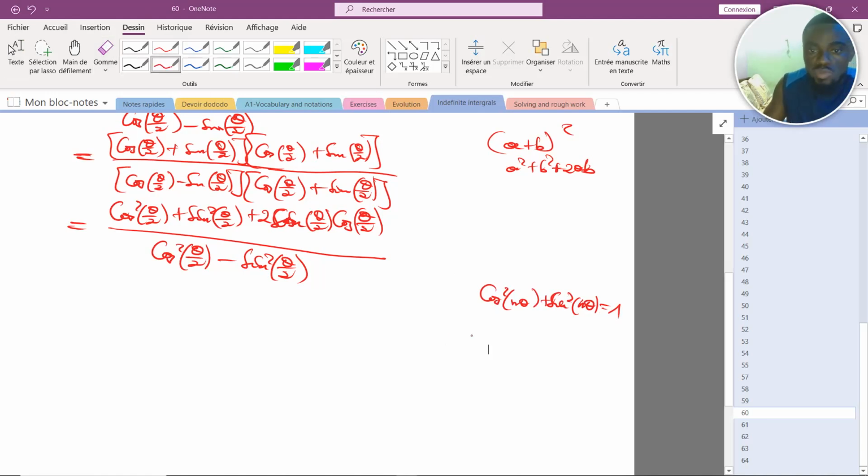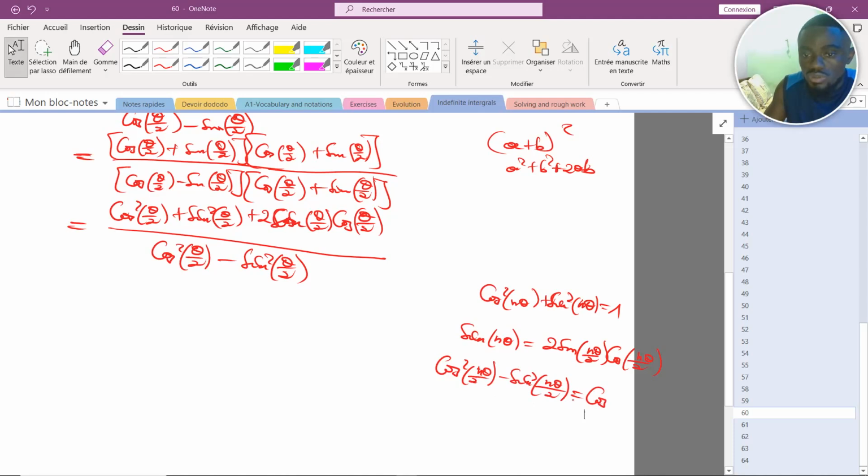Also, sine n theta is equal to 2 sine n theta on 2 times cos n theta on 2. And finally, cos square n theta on 2 minus sine square n theta on 2 is equal to cos n theta. Is that okay? So we shall recognize it here.